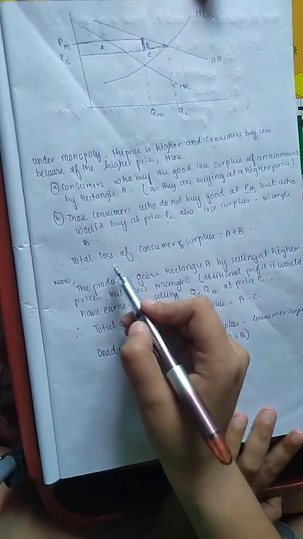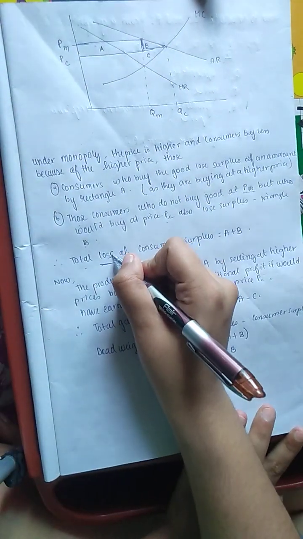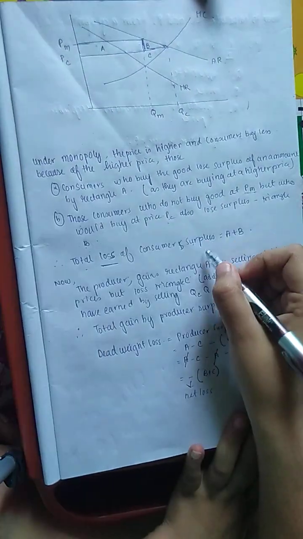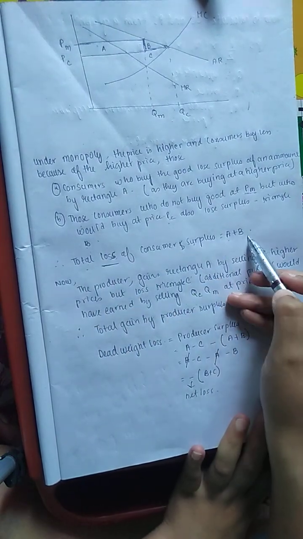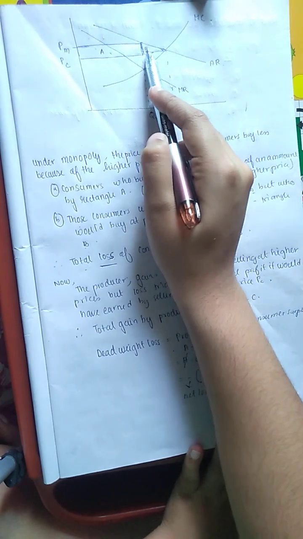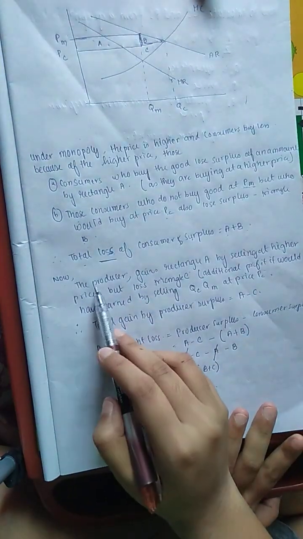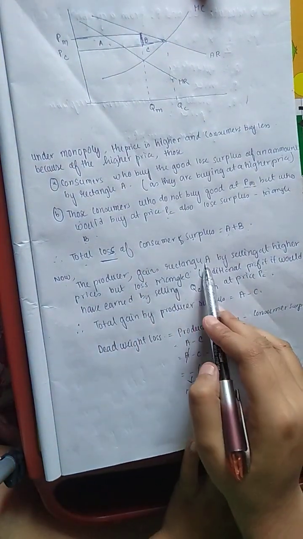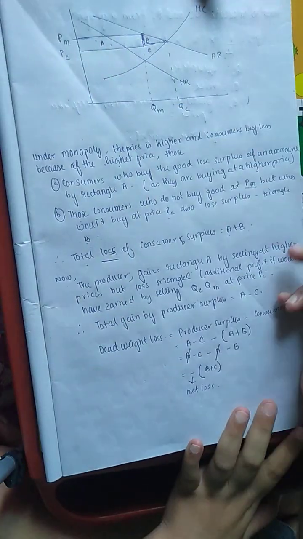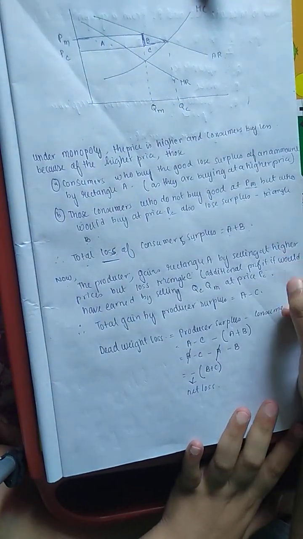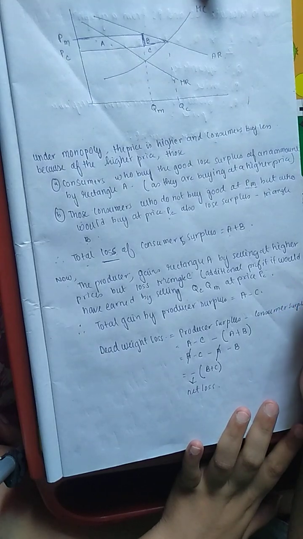So what is the total loss in consumer surplus, that is, the total loss of consumer benefits? That is A plus B. Now the producer gains rectangle A. Why does the producer gain rectangle A? Think about it. Yes, you are right.